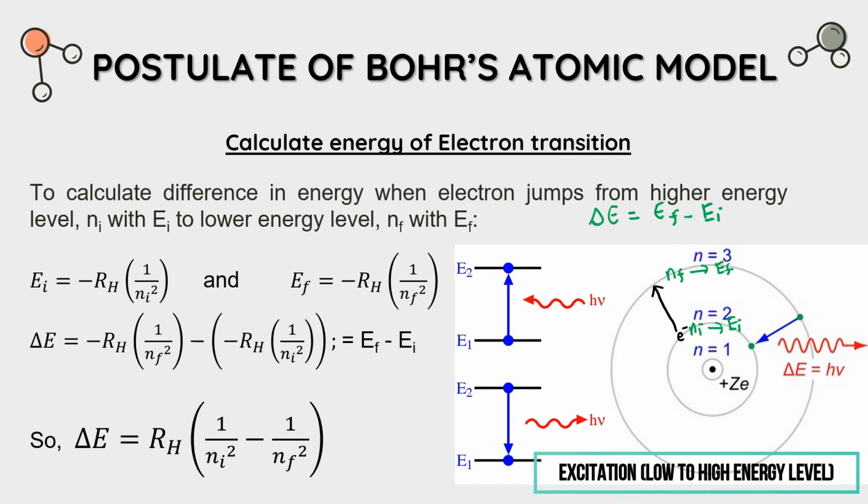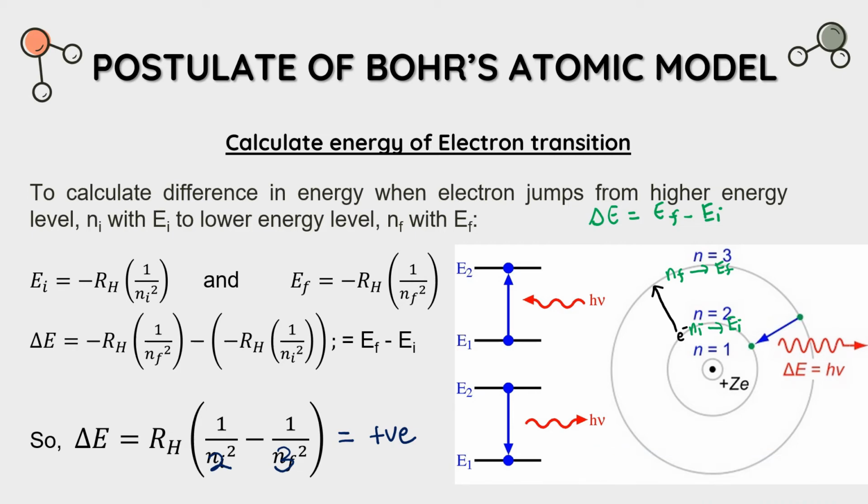You can also use the simplified formula we have done at the bottom here, which is delta E equals to R_H times 1 over N_i squared minus 1 over N_f squared. According to this electron movement in excitation, this is our initial energy level, and this is our final energy level. By substituting N_i as 2 and N final as 3 and solving this mathematical operation, you will get the value of delta E in positive.